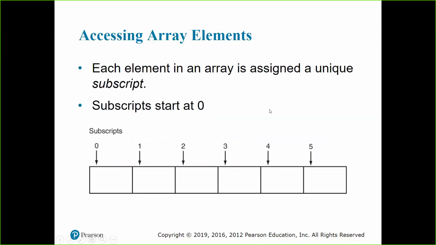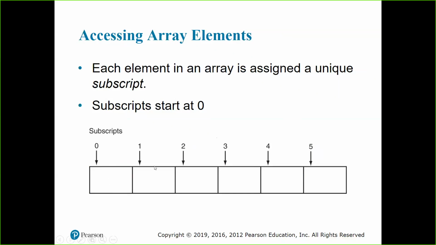So how do we access the array? Each element in the array is assigned a unique subscript. Subscript means index. The subscript starts from 0. As we studied, all the memory locations in an array are adjacent to each other, but note this point: the subscript starts from 0.